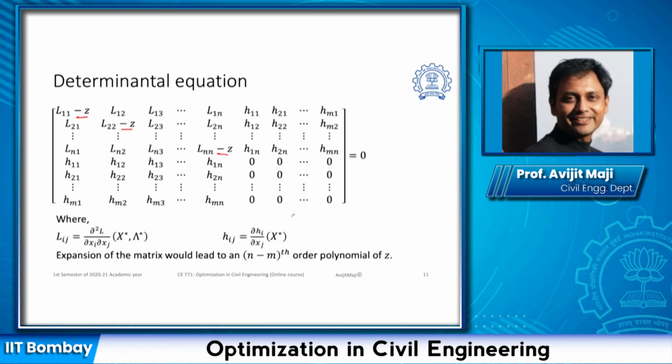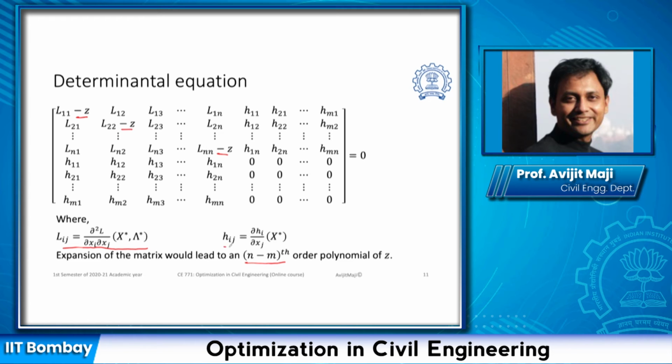In this case, z is going to be an n minus mth order polynomial, and any Lij can be represented as the second order derivative at the optimum x star and lambda star.